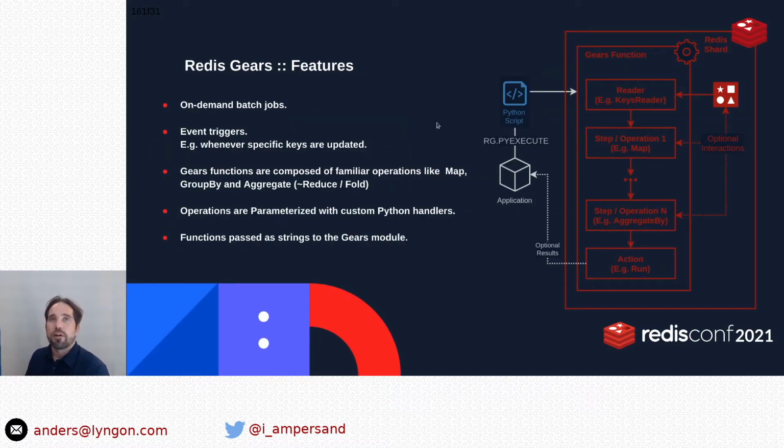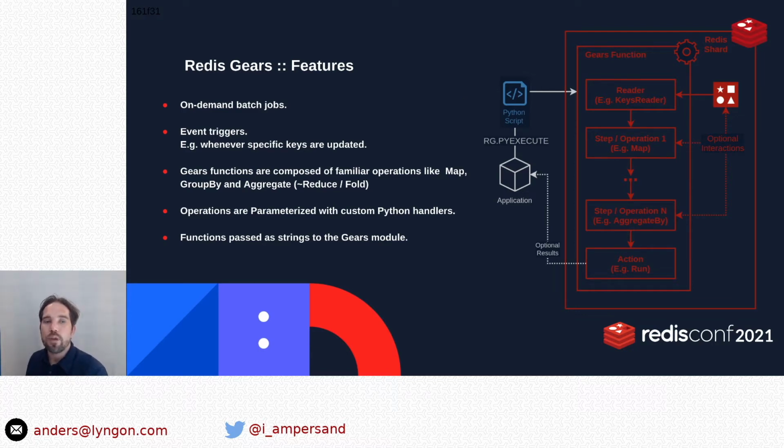So some of RedisGears features include running of these special Python functions in batch, so on demand. But you can also register them, as mentioned, and have them execute on specific triggers, on streams, for example.